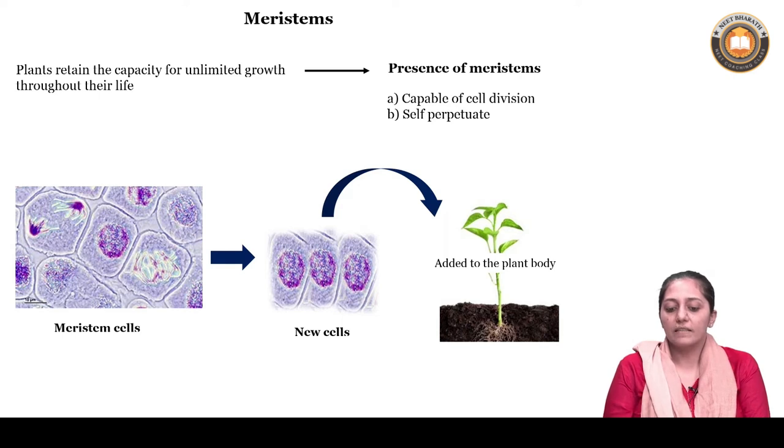So, meristem cells continue to divide to form new cells, and some of these new cells differentiate to form parts of the plant body. This is called the open form of growth.